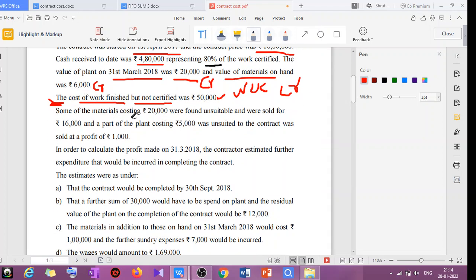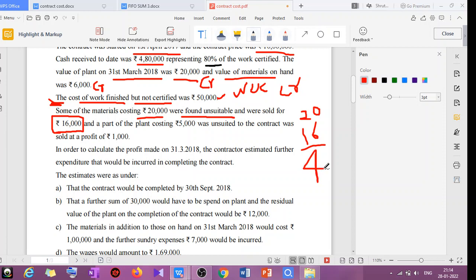Some material costing rupees 20,000 were found unsuitable and were sold for 16,000. What happened here? 20,000 was the cost, sold for 16,000. How much lost?